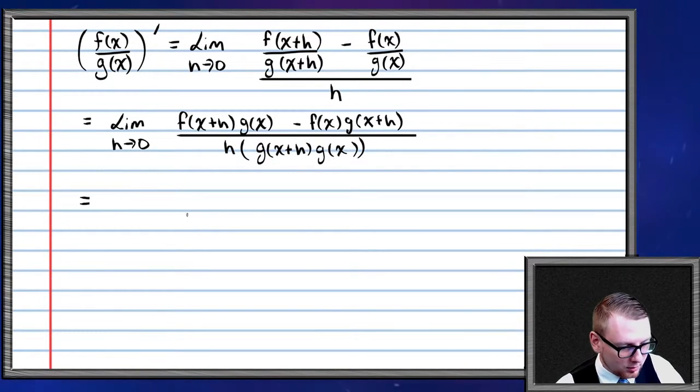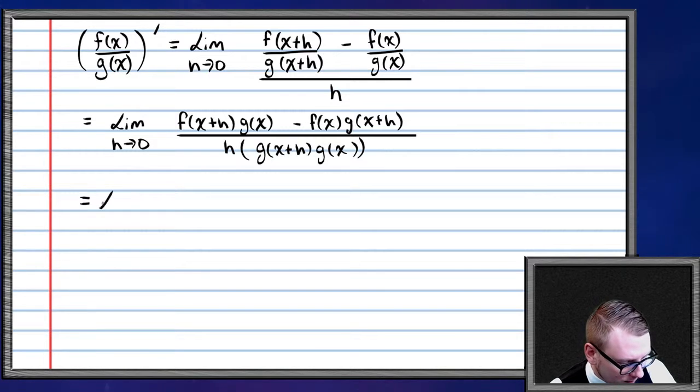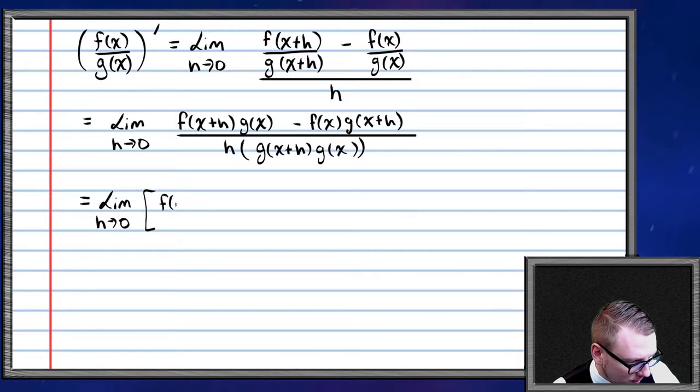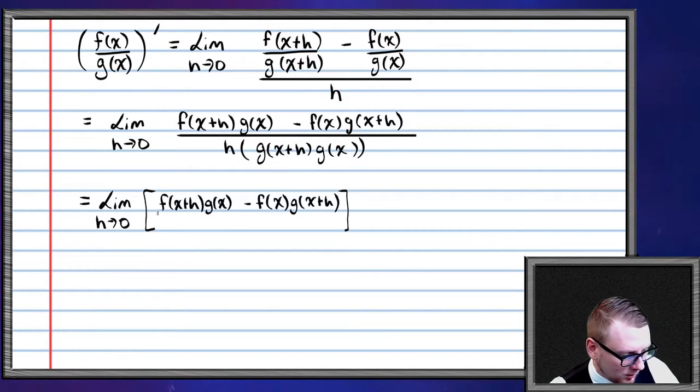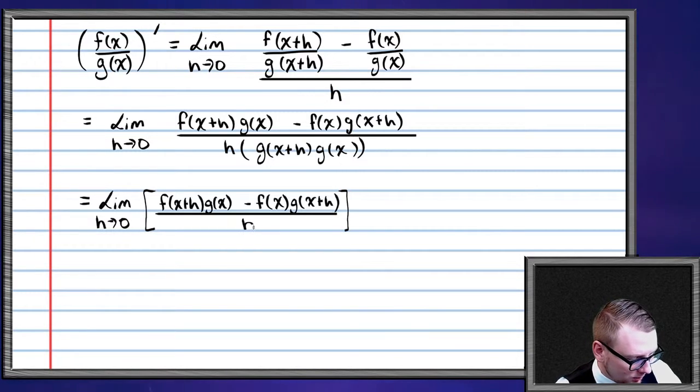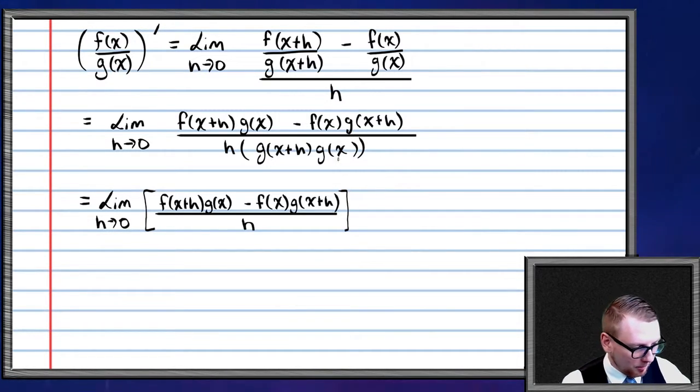Okay. Next thing we're going to do is take out this g of x plus h and g of x. We're going to separate this limit out a little bit. So we're going to take the limit as h approaches 0. We're going to write it as one whole thing: f of x plus h times g of x minus f of x times g of x plus h, all over h. And now we're going to multiply by what we took out here.